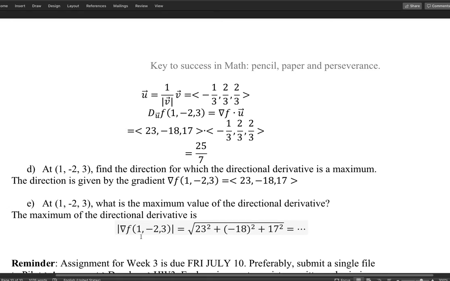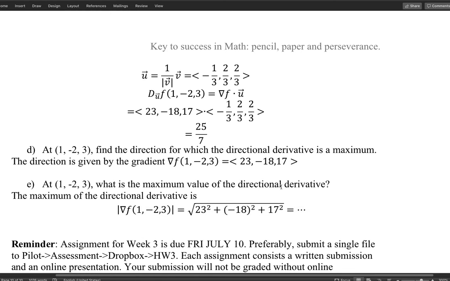And also part E, what is the maximum value of the directional derivative? Gradient again, gradient has a direction and a magnitude. The magnitude of the gradient turns out to be the maximum value of the directional derivative. So in this part I just calculated the magnitude of the gradient. Try not to make any mistakes, and hopefully the arrangement is correct.